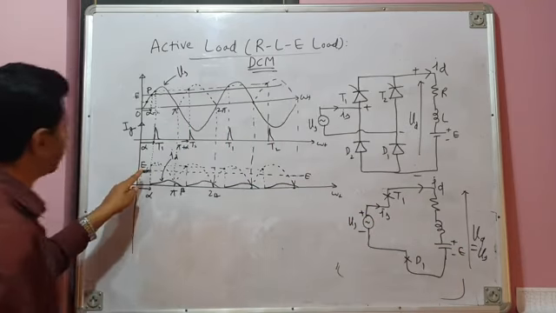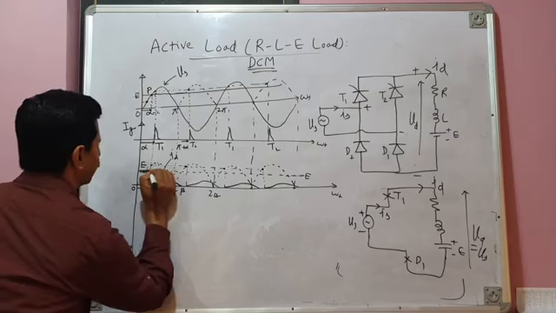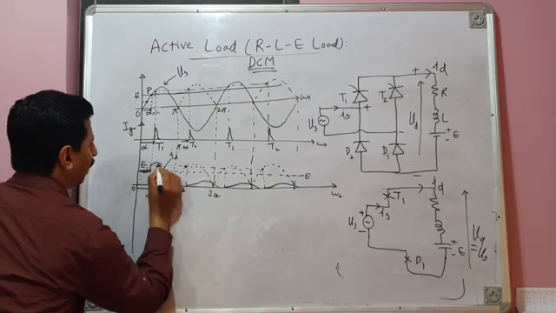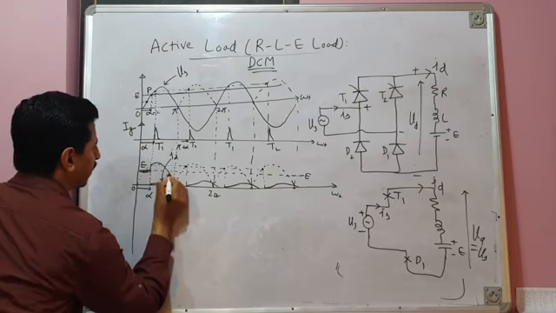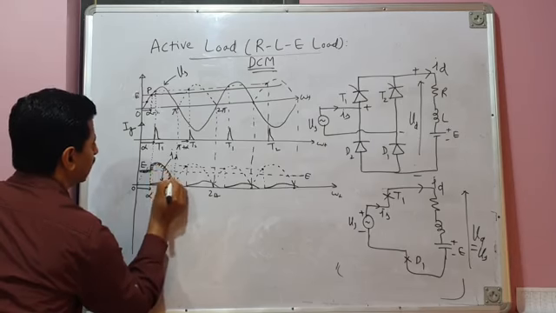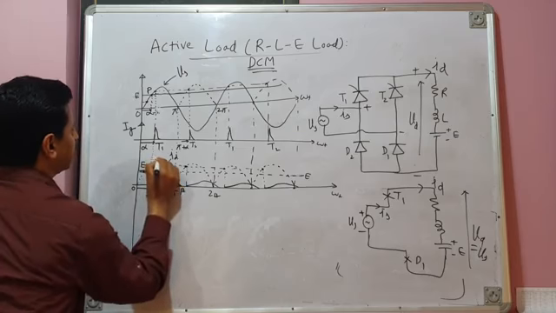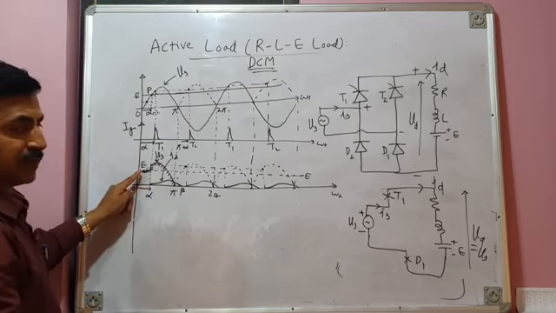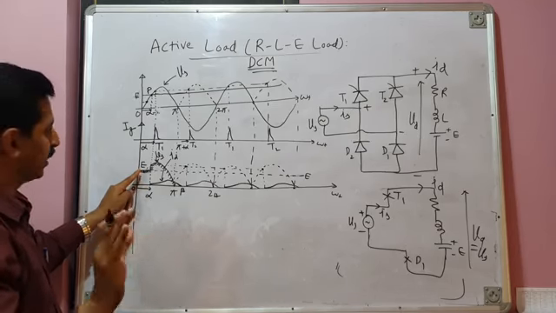So the remaining segment of positive half cycle of source voltage appears across the load, and that is this. From alpha to pi is the remaining segment of positive half cycle of source voltage. So therefore load voltage becomes equal to source voltage. So this is Vs. From 0 to alpha, load voltage was equal to E because converter was off.